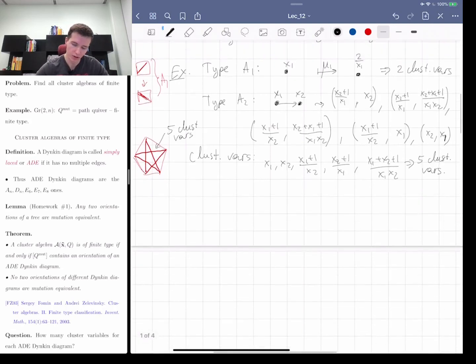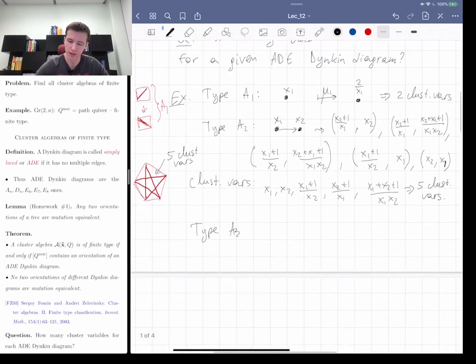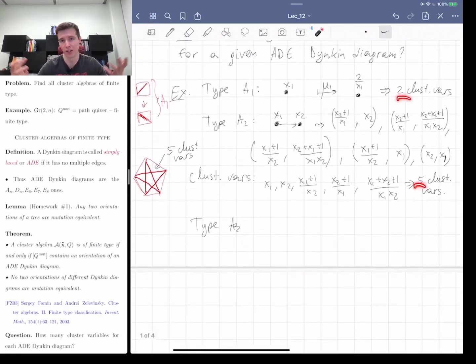And similarly in type A3, because so far you see 2 and then 5, so you think Catalan numbers, but the number of diagonals is not Catalan. The number of diagonals for the hexagon is going to be 1, 2, 3, 4, 5, 6, 7, 8, and there should be one more. 9. Yeah.